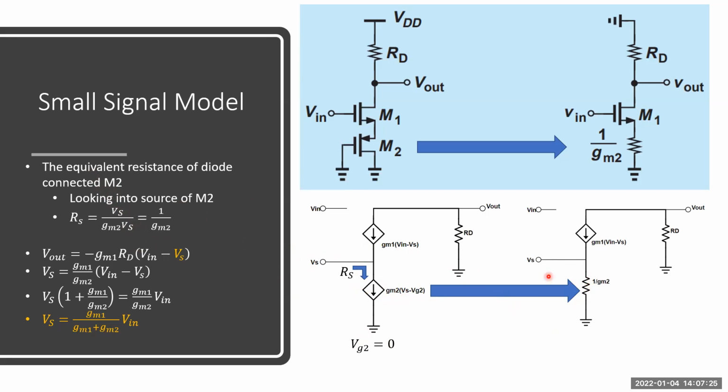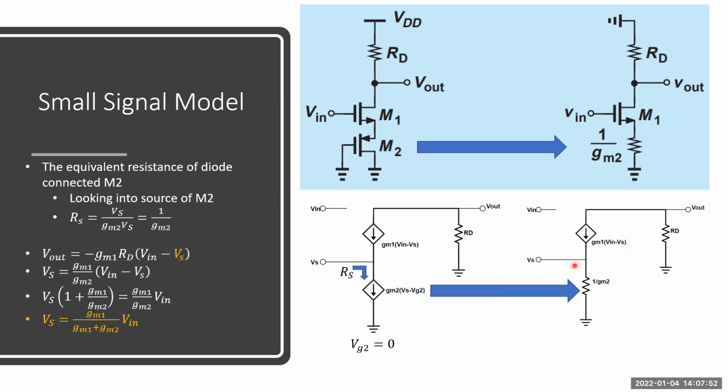Okay. Now our goal is to find the voltage gain. We need to find the Vout expression. What is Vout in the small signal model? It's basically equal to RD times minus gm1 times (Vin minus Vs). Then what is Vs here?